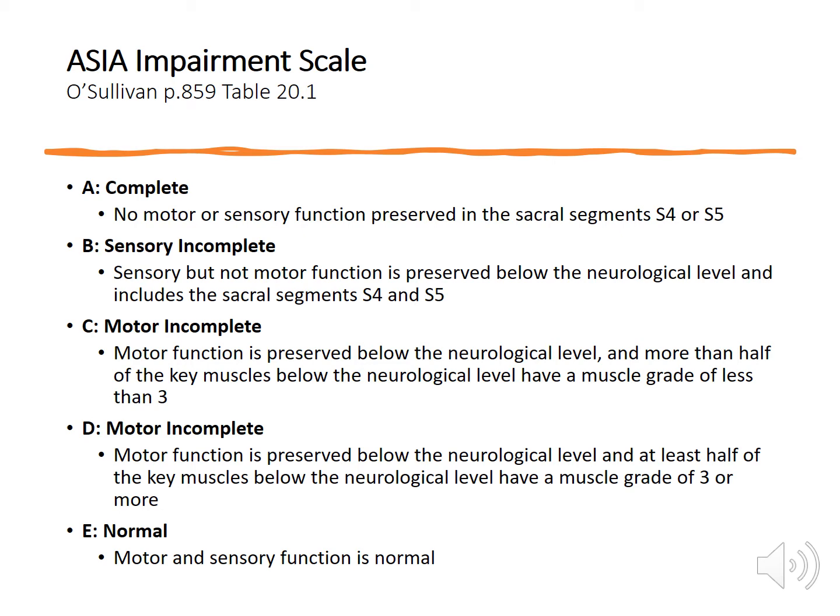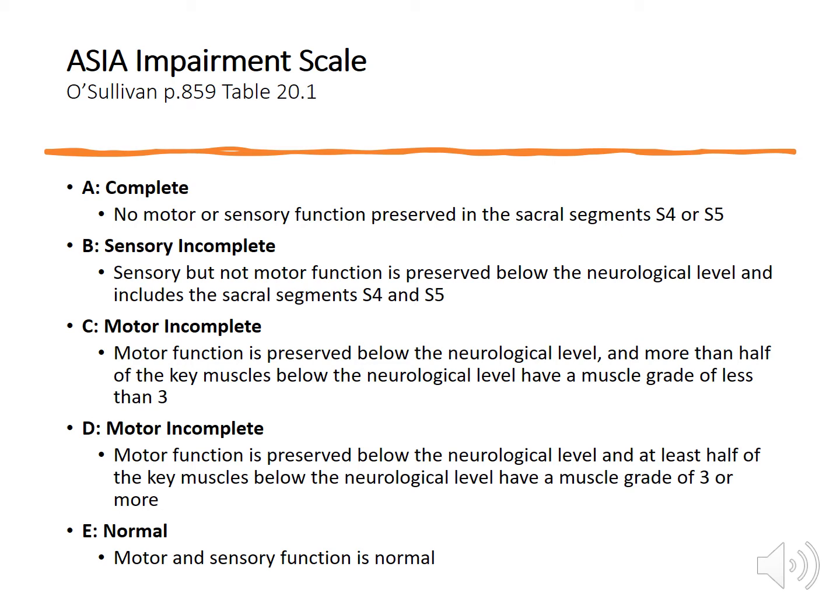Letter B is that patient. Let's use the same example. We have a C5, which the biceps are 3 out of 5. Everything rostral to that is going to be a 5 out of 5. There is sensory, but no motor function below that neurological lesion, and that includes the sacral segments S4 and S5.